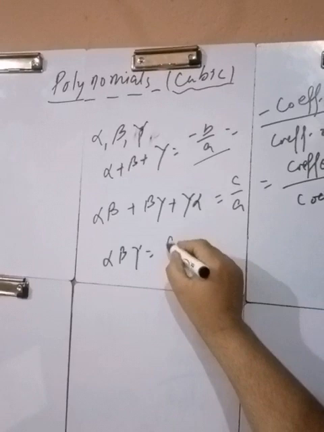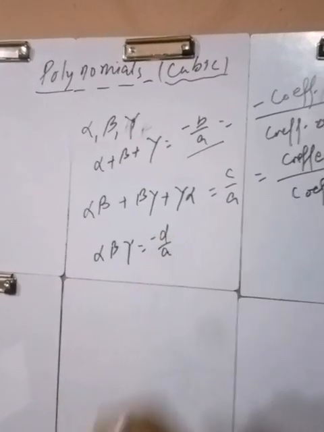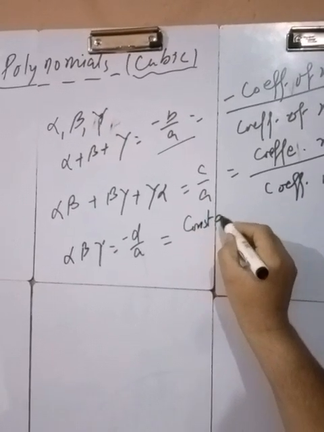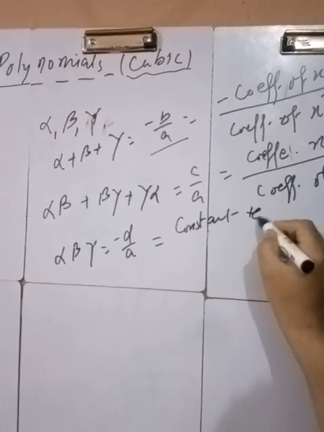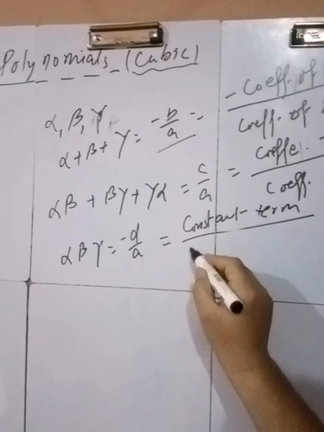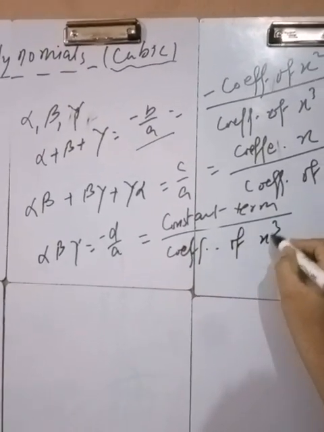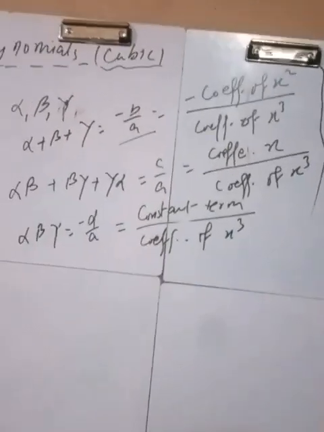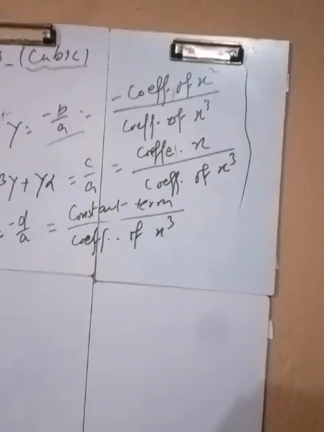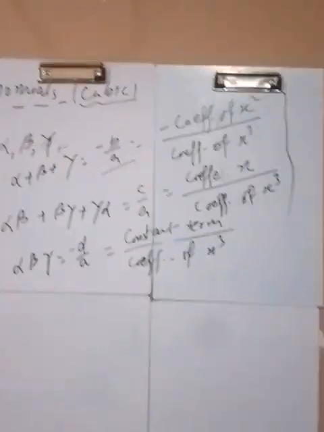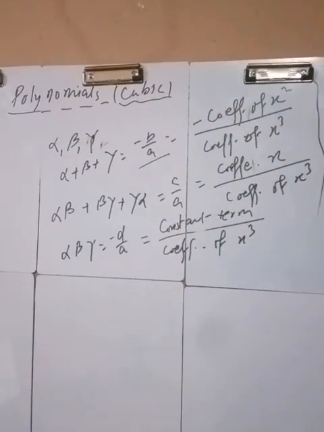It was d by a with a negative sign, the constant term by the coefficient of x cube. So this was the main property, the relation between coefficients and zeros of a cubic polynomial.